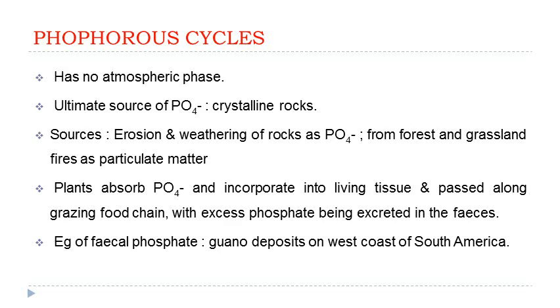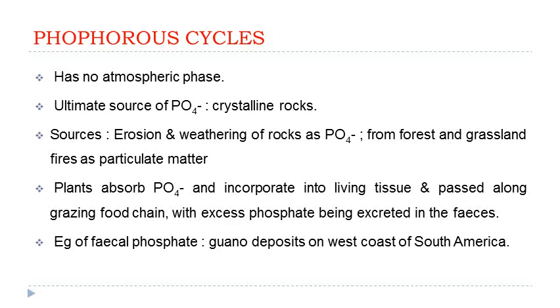Unlike the sulfur cycle. Now, when phosphorus compounds reach the soil in the form of phosphates, they are taken up by the plants, and from there transferred to the consumers via the food chain.